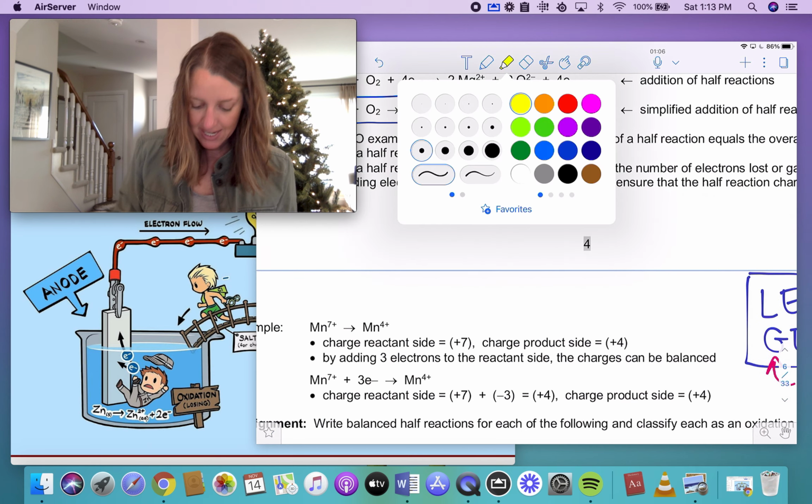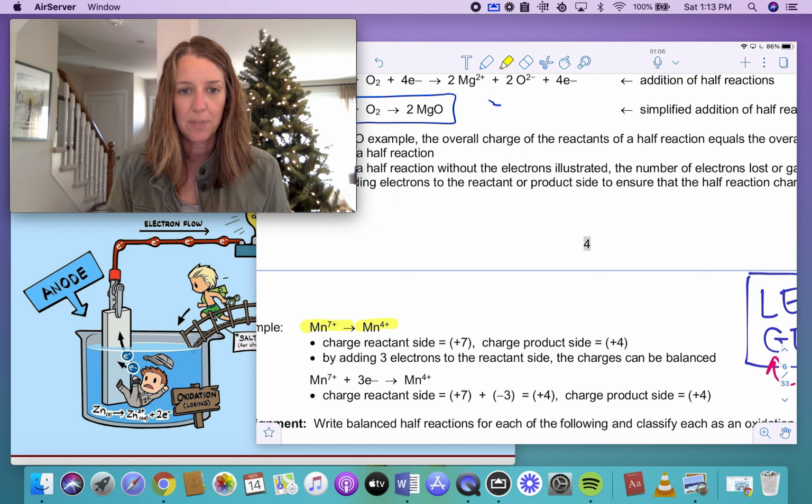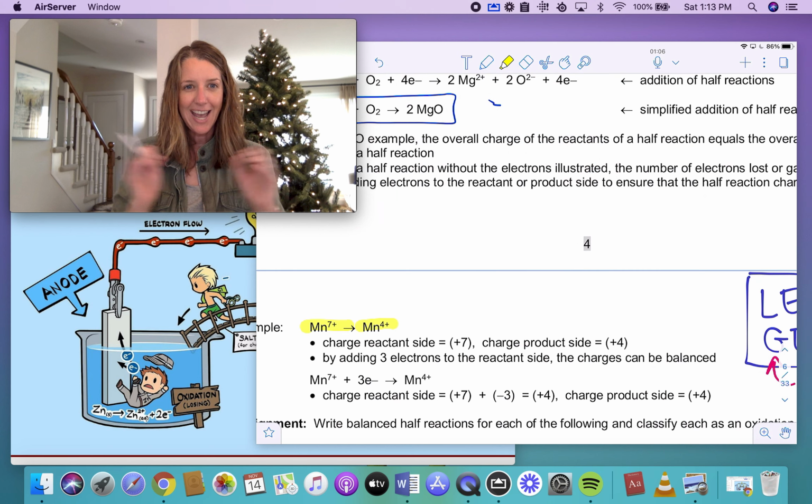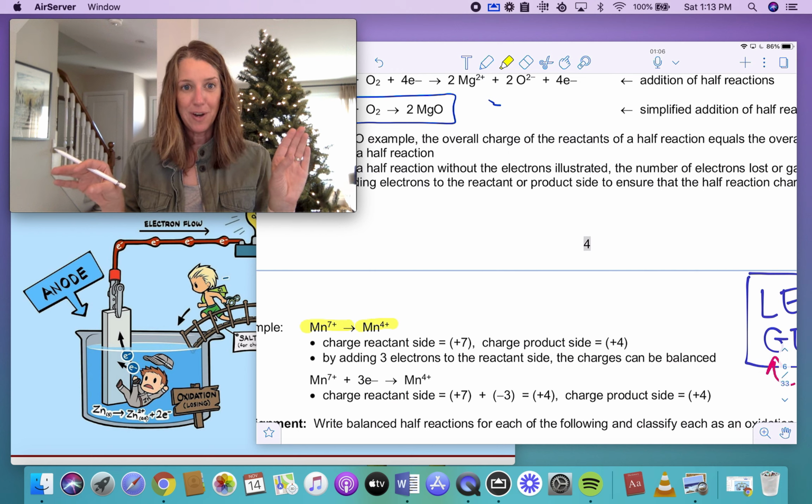If you've got manganese, 7+ going down to 4+. So somewhere along the line, I had this in a balanced chemical equation. I checked the oxidation number of the manganese on the reactant side, and where I found it on the product side, it went from a 7+ down to a 4+. So what does that tell me?